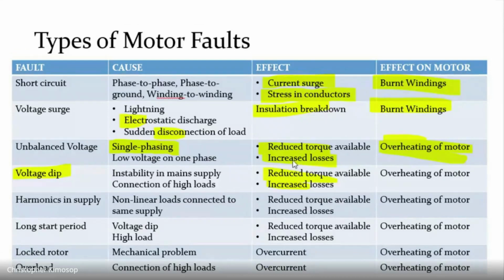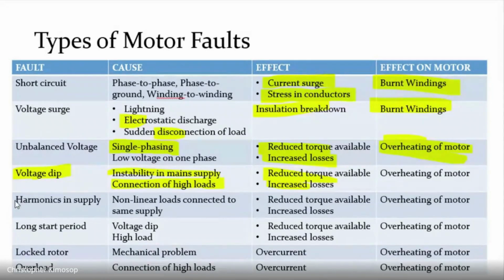The demand on the motor is more than what it is able to supply using the voltage being supplied to it. This can be caused by an instability in the main supply. We've heard of brownouts, or you can have loads that are too high for the rating of the motor. If it's a 7 horsepower motor and you're connecting a 10 horsepower load, these are the kind of things that can occur, right?